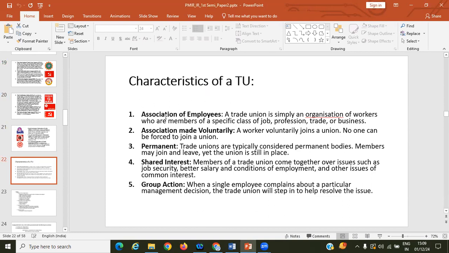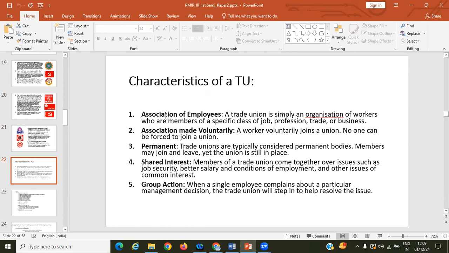First thing is an association, that we all know. An association can be formed based on jobs, profession, trade, business, industry, skills. So you can form a group of people with some logical meaning.